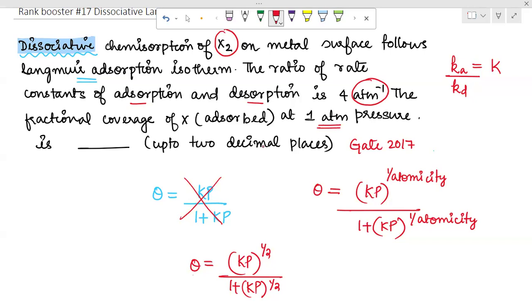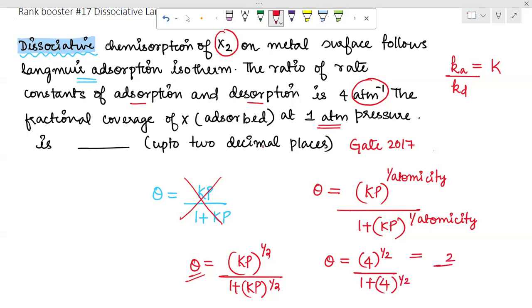So see, what you have to find is theta. Everything is given, so what will you do? Theta is equal to the value of K is 4, the value of P is 1. Okay, listen, it is 4 into 1 to the power 1 by 2 divided by 1 plus 4 into 1 to the power 1 by 2.